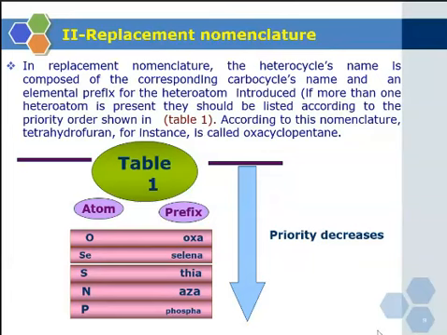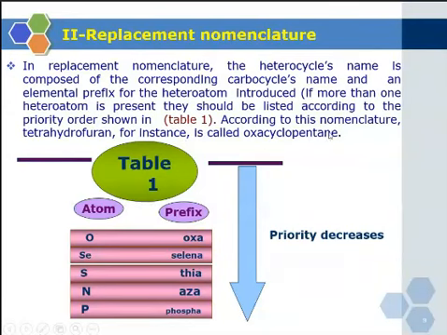And according to this nomenclature, when we talk about tetrahydrofuran, we are talking about a 5-membered heterocyclic ring with one oxygen atom. And when we are talking about tetrahydro, there are 4 hydrogens attached to this furan ring. Now, in the replacement method, this tetrahydrofuran is called oxacyclopentane.